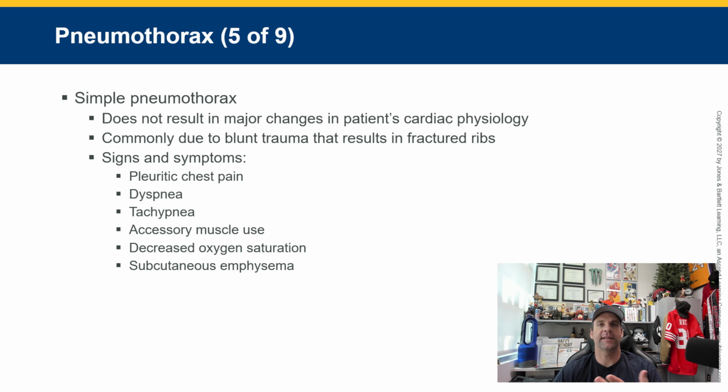So again, pain when they're breathing, shortness of breath, tachypnea, accessory muscle use, and a gradual declining SpO2. Now, breath sounds may not become obviously diminished until a larger portion of the lung has collapsed. So you might have normal or close to normal sounds early on. But again, that shouldn't completely dismiss the potential of a pneumothorax.